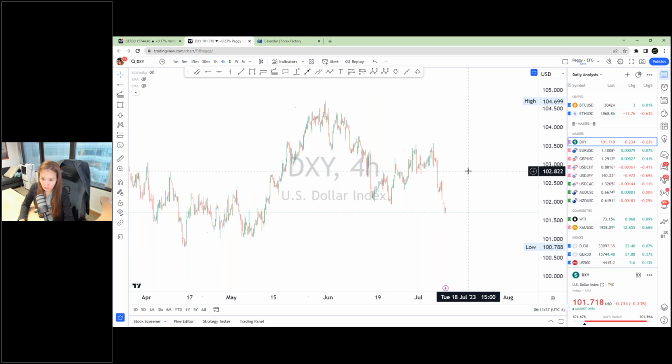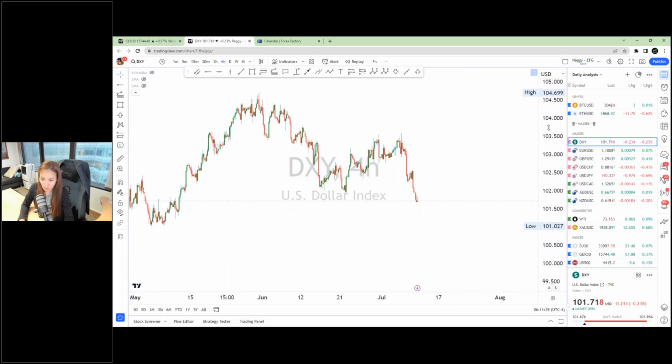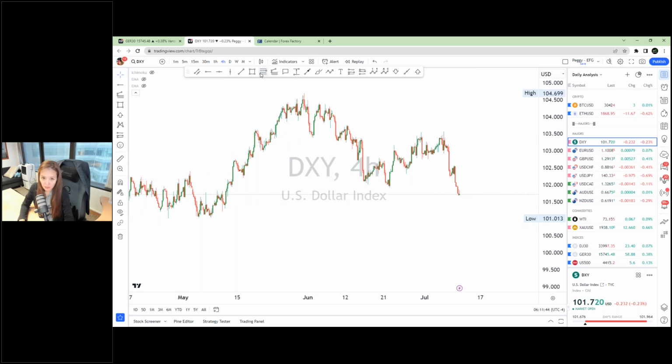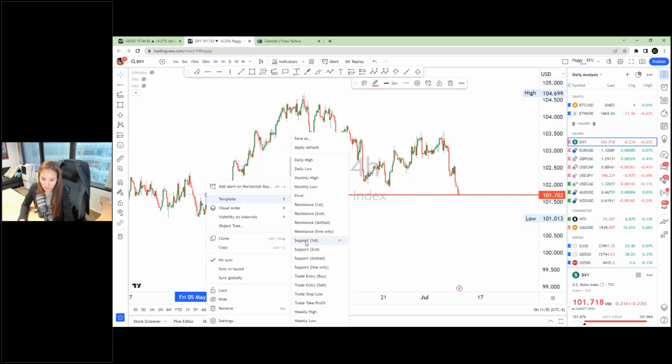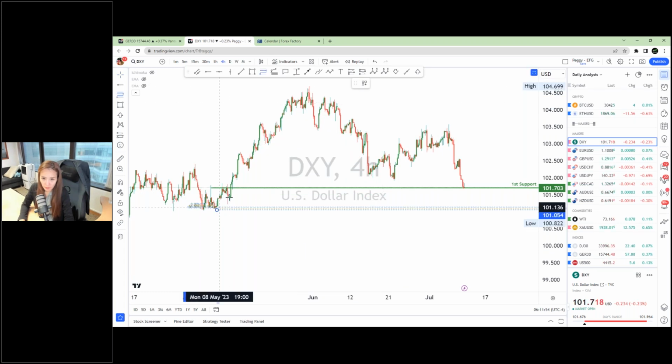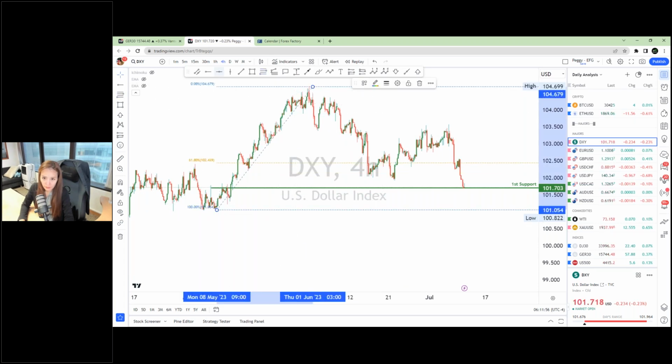Let's do DXY first. For DXY, price is at your first support, and then you draw Fibo. It's around this level.